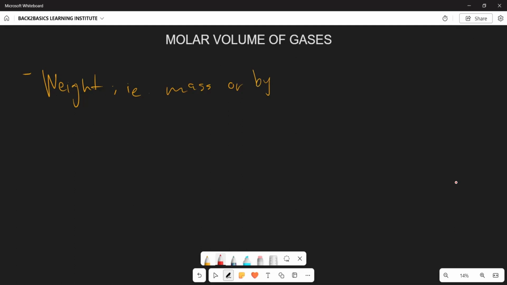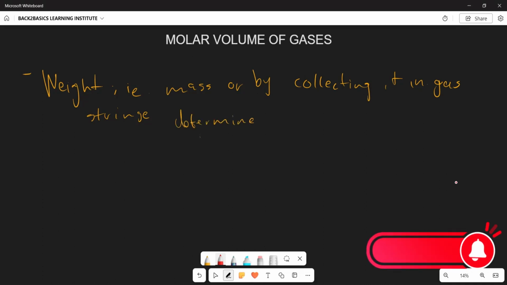Or what else can we do? We can collect it in what we call a gas syringe and also determine the volume. We have a gas syringe in order for us to determine its volume altogether.